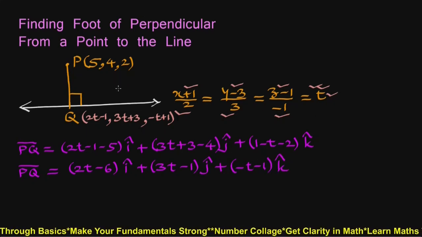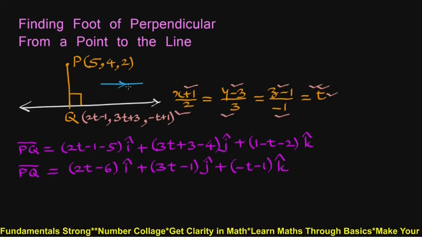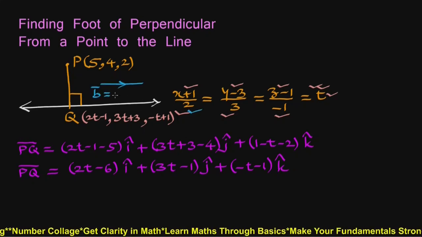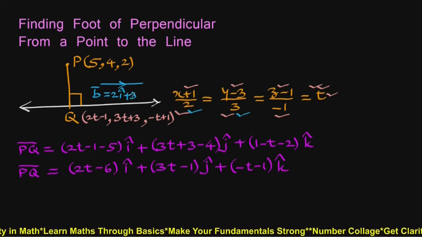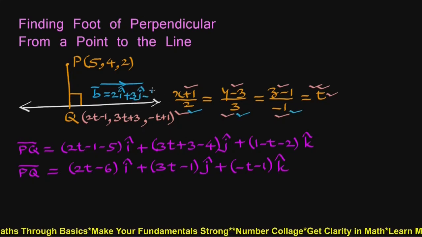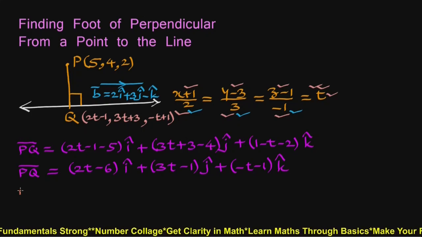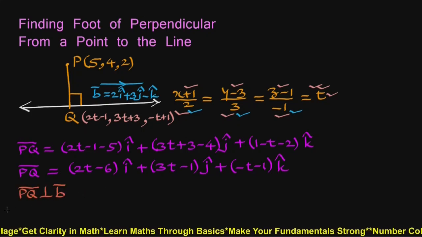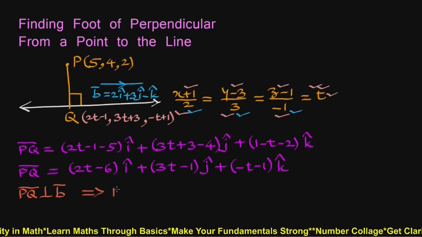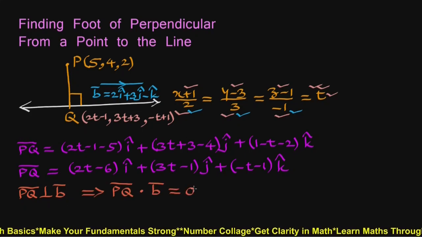Now the vector parallel to this line, b bar, is 2 i cap plus 3 j cap minus k cap, and we know that PQ bar is perpendicular to b bar, which implies PQ bar dot b bar is 0.